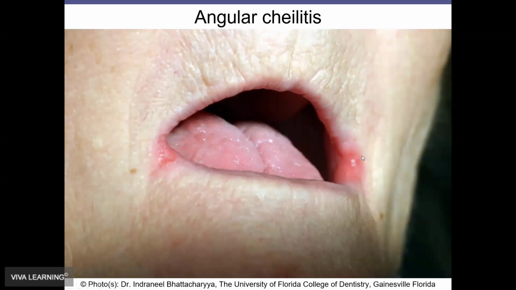It's very easy to overlook, and patients typically won't complain about it. I had this for several years, so I might be particularly sensitive to it because it's kind of unsightly. So I always look for angular cheilitis just because I want to help get rid of that look for patients.